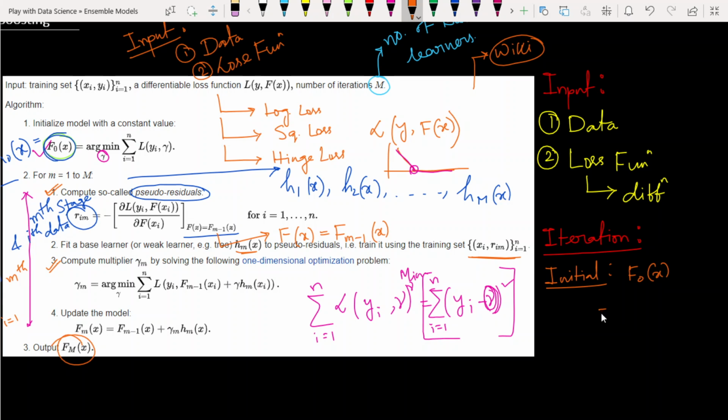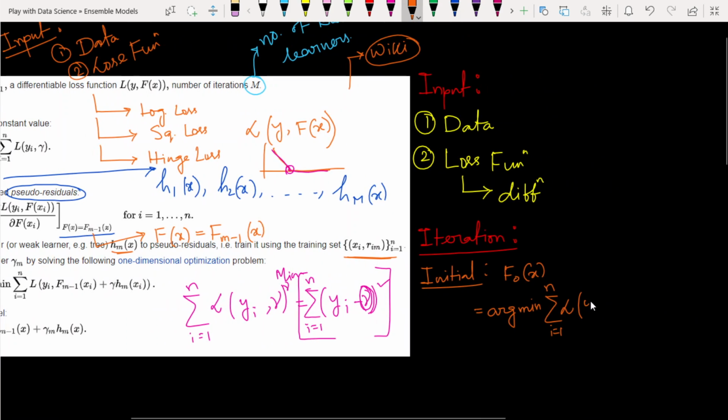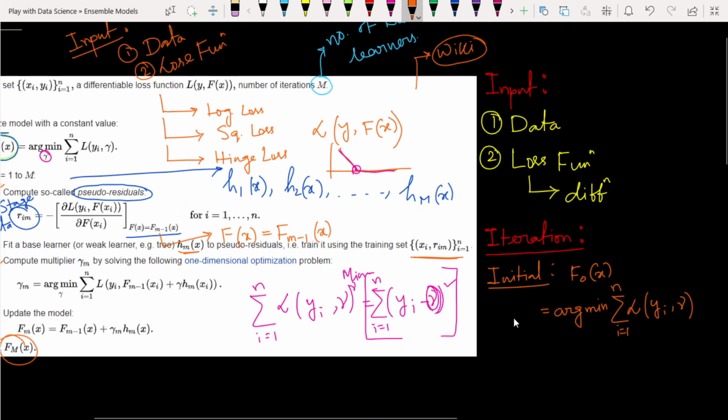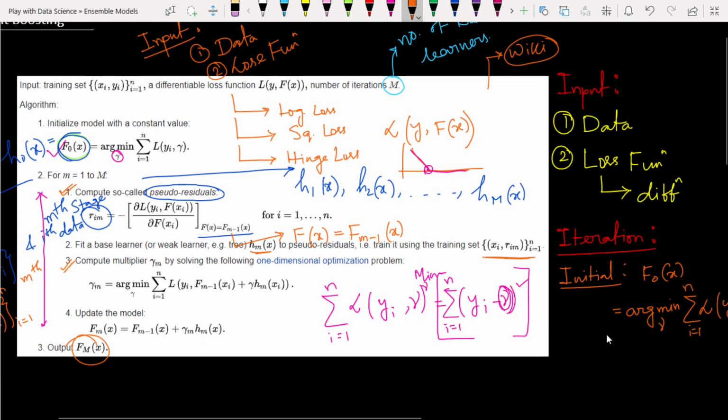F naught of x is simply the argmin over gamma of the sum from i equals 1 up to the number of data points of L of y i and gamma. We have seen that if we take the square loss, then L of y i, gamma will be like that. Okay, this is the initial stage. We have to find the overall gamma. This will be our first initial model.